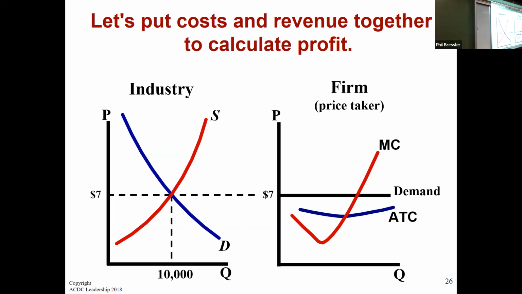So every time I could look at a graph like Teddy did and say, good, all right, I know it's profit. Anytime the ATC is below the price, because then the total cost has to be lower than the total revenue.